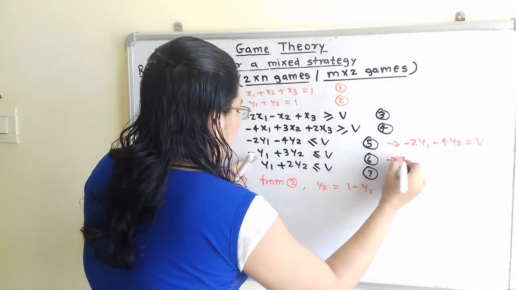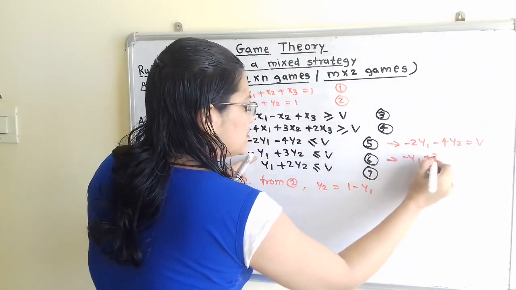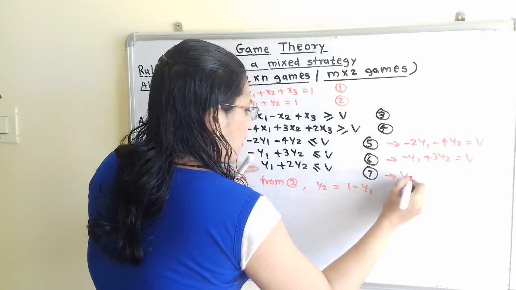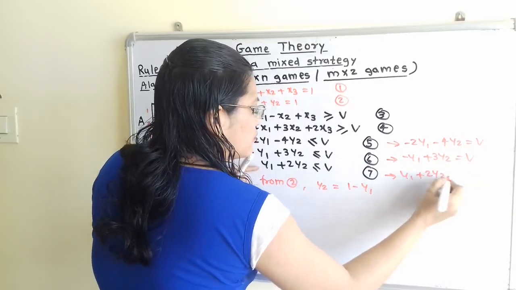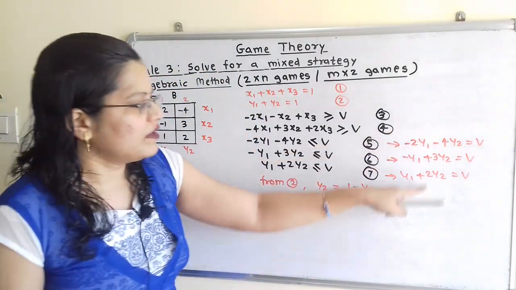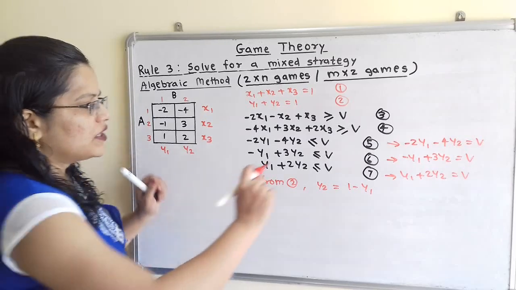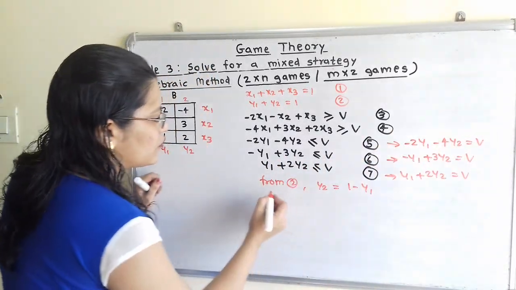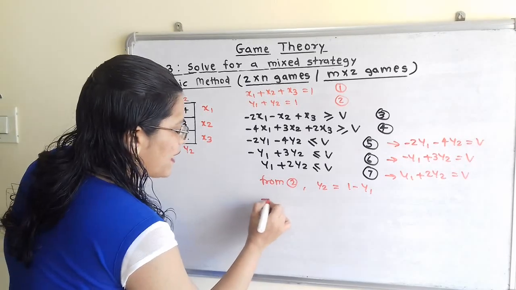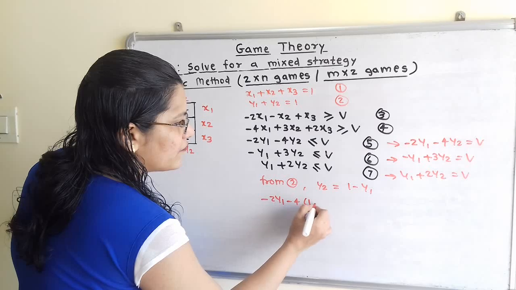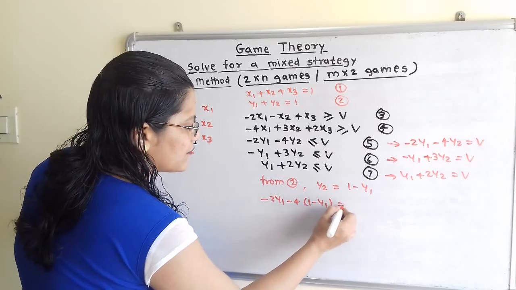Then minus y1 plus 3y2 is equal to v, and y1 plus 2y2 is equal to v. Now we will solve this. I will put the value of y2 here, that is 1 minus y1. So what will be the equation? That is minus 2y1 minus 4 in the bracket 1 minus y1 is equal to v.